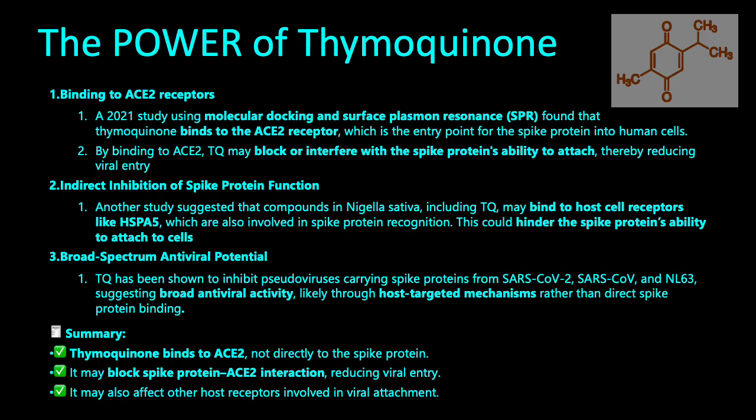Okay, it binds to the ACE2 receptor, not directly to the spike proteins. Okay, so it may block the spike protein and ACE2 receptor interaction, reducing the viral entry into the cells. It may also affect other host receptors involved in viral attachment. Some of this can help to explain why thymoquinone is a good anti-cancer compound as well.